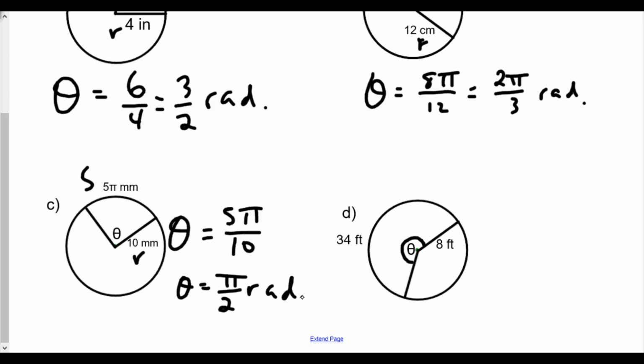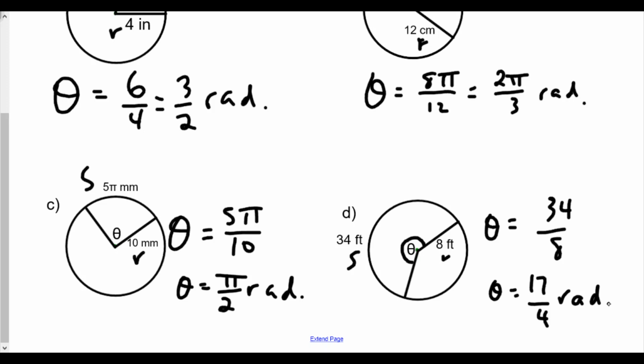And finally, for D, here we have what we refer to as a reflex angle, an angle measure that's greater than 180, because we have a major arc. So for theta, our major arc S is 34 feet, while the radius is 8. So we have 34 over 8. Theta is equal to, dividing top and bottom by 2, 17 over 4 radians.